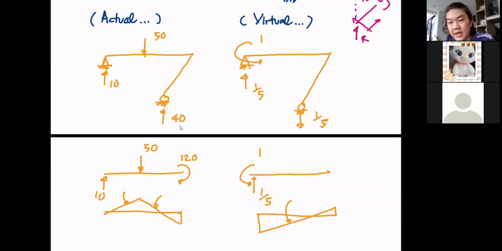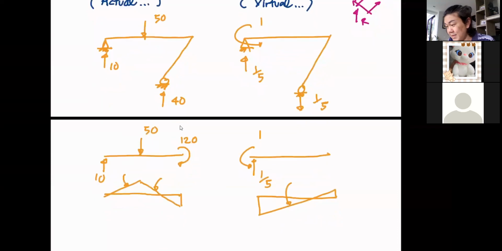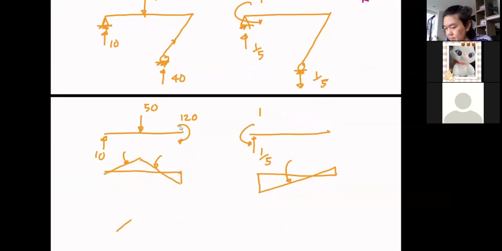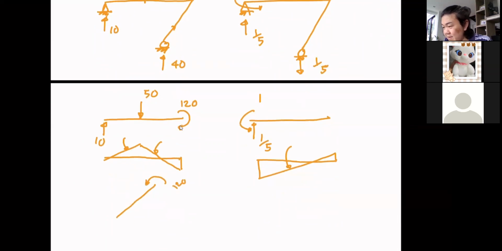But because the moment diagram of the actual load case breaks into two portions, if you can draw the diagram, you can see that you need two equations here. And then the leg portion, this one, member CD, you have this, and you have that moment 120, and then you have this sort of alien load.